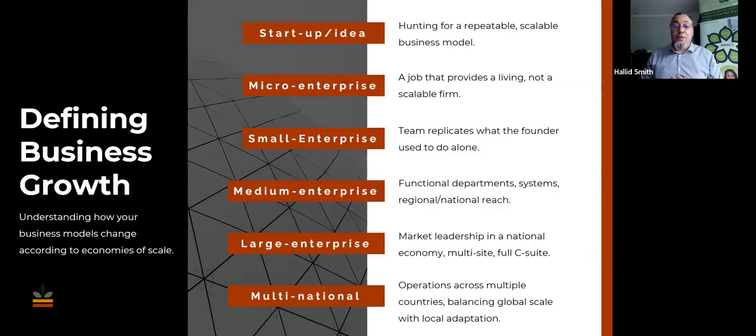There are very different strategies moving from a startup to a micro enterprise, and from a micro enterprise to a small business. So the first thing, yes, is to assess where you're at, and then to identify the type of strategy that you would need to move your organization to the next level.